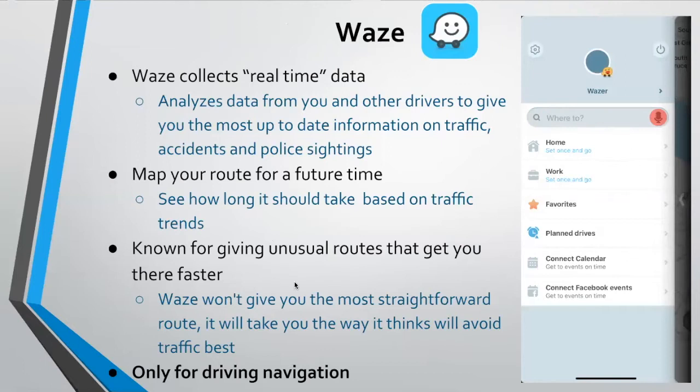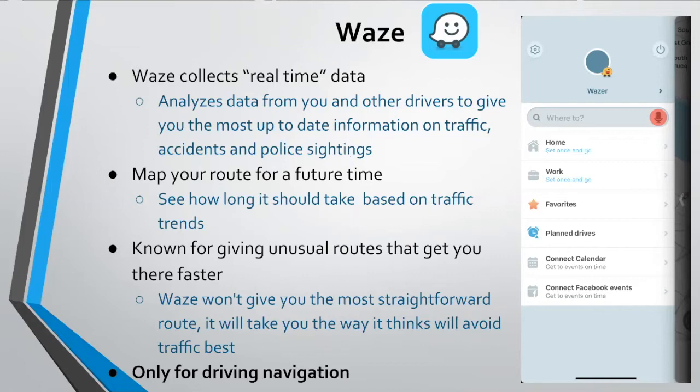First one is Waze. Waze is really good at giving you real time data. It analyzes data from you and other drivers to give you the most up to date information on traffic, accidents, and police sightings. The way this works is that people who are using Waze can create an incident report on the app and it'll post it immediately.